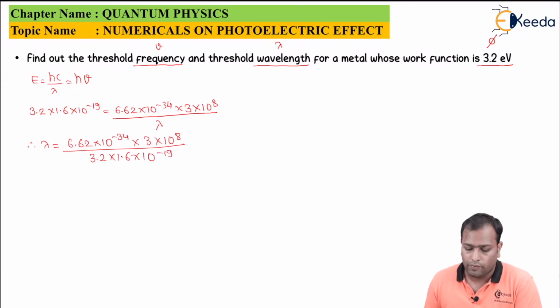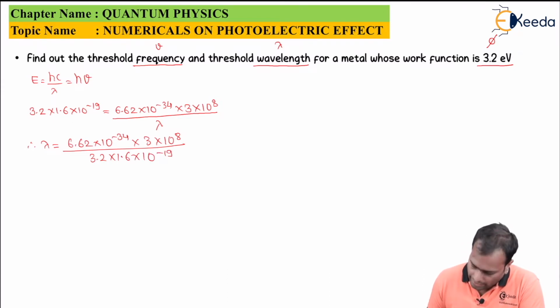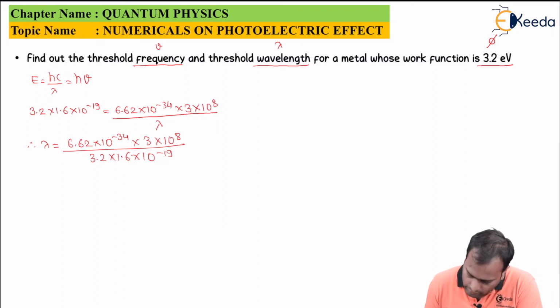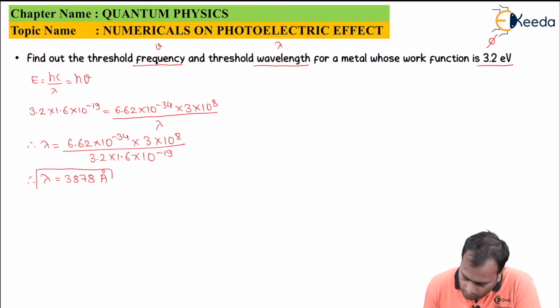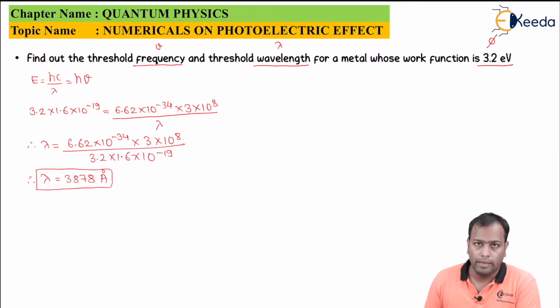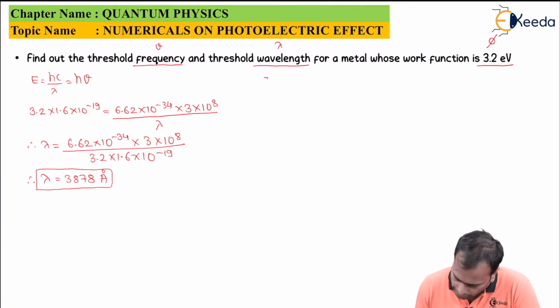Now, on solving this, you will be getting the value of lambda as 3878 Armstrongs. This is the value of lambda that you will be getting. Now we need to find the frequency value. So we'll be using the formula E is equal to h nu.